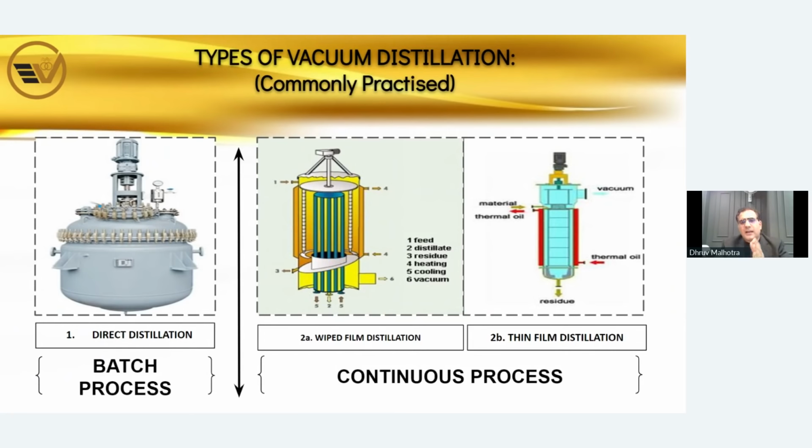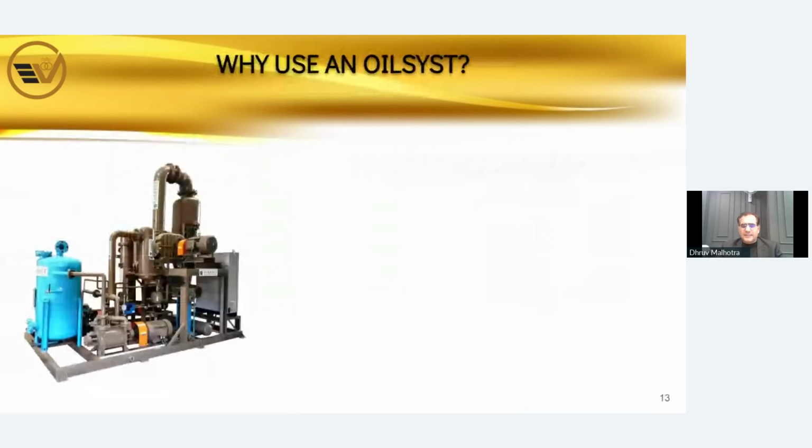The other ones are continuous processes, which are now becoming very popular: first the wiped film distillation, and second the thin film distillation. Every distillation for oil is done under vacuum.